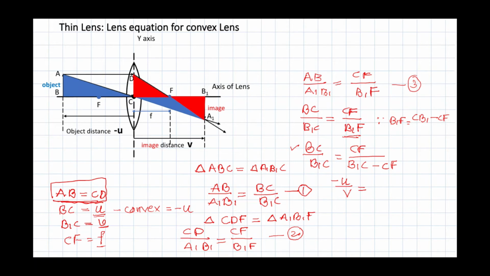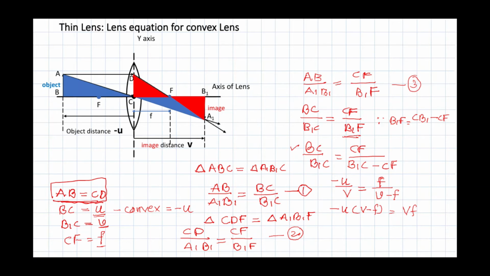Distance CF is nothing but the focal length, so that is F, upon B1C, that is V, minus CF, which is nothing but F. So we get this equation, and from it minus U into V minus F is equal to VF. So we got this equation.